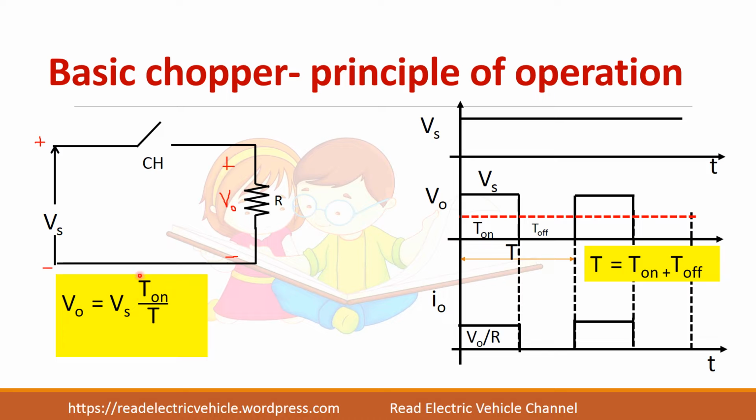Here the total time period T is equal to T on plus T off. So you can write T on by T as alpha, and V0 equals alpha Vs, where alpha is called the duty cycle, whose value varies from 0 to 1.